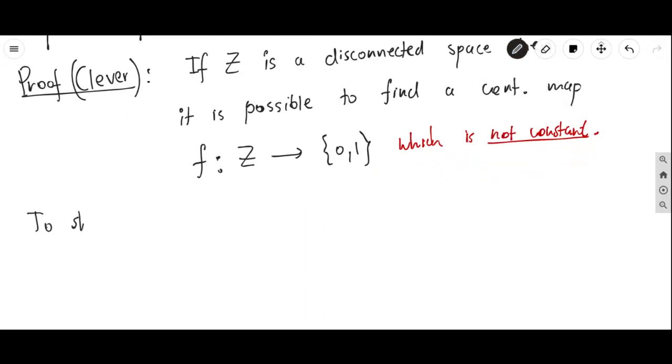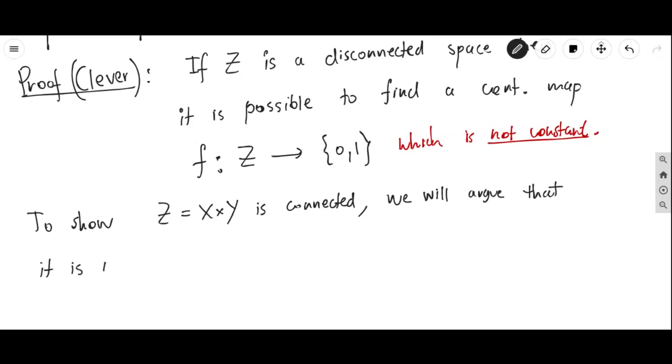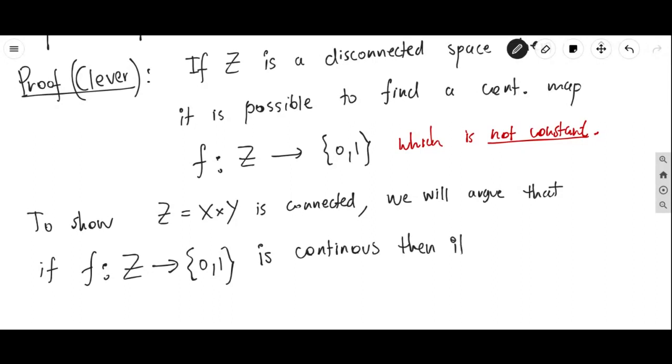To show that Z, which is equal to X times Y, is connected, we will argue that if f is a function from Z into {0, 1} that is continuous, then it must be constant.